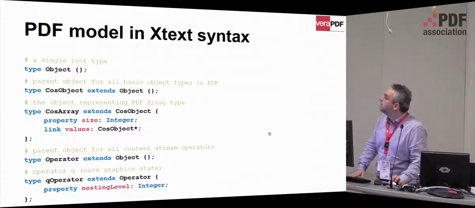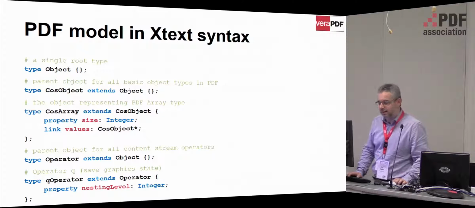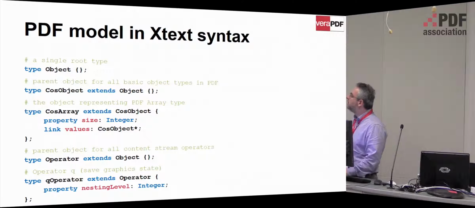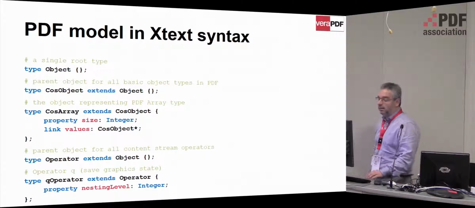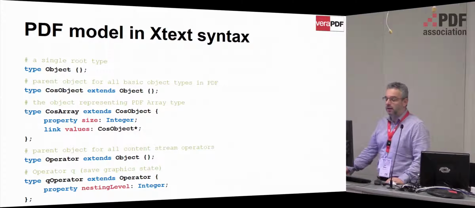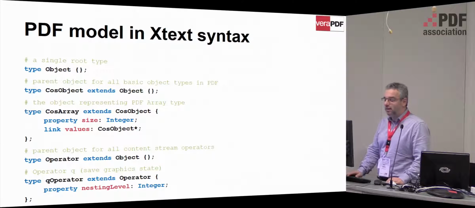Actually, this is all defined in a formal syntax we came up with just for this project, for this particular task. The syntax itself is really straightforward to read, and it contains just 5 or 6 keywords and 3 or 4 predefined types such as integer, boolean, string, and real number.